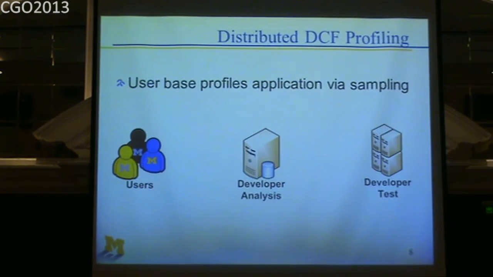Now, in order to handle this, we propose a distributed DCF, Dynamic Control Frontier, profiling system in the user space accomplished via sampling, where the users will profile an application for Dynamic Control Frontier paths, which will be sent to the developer for analysis.